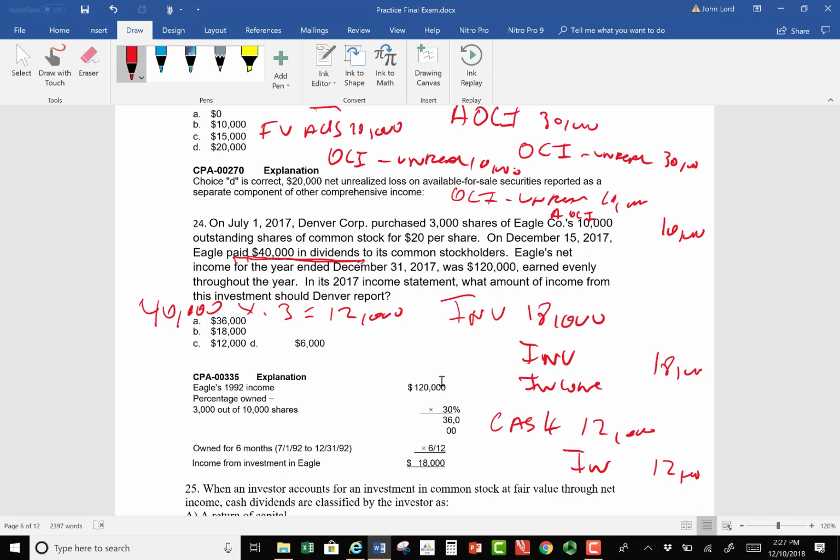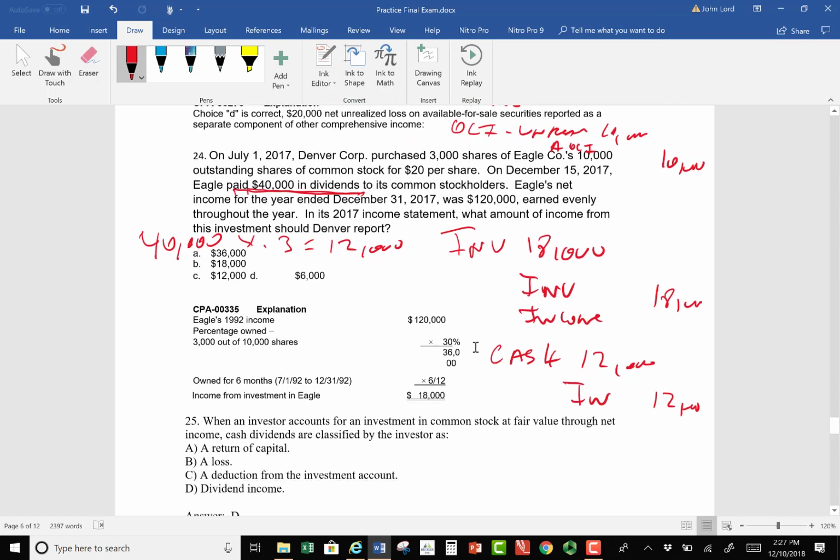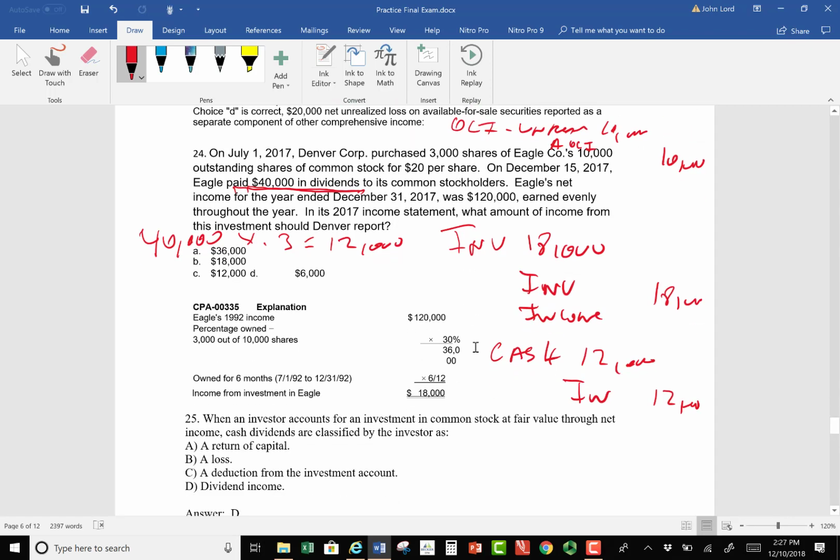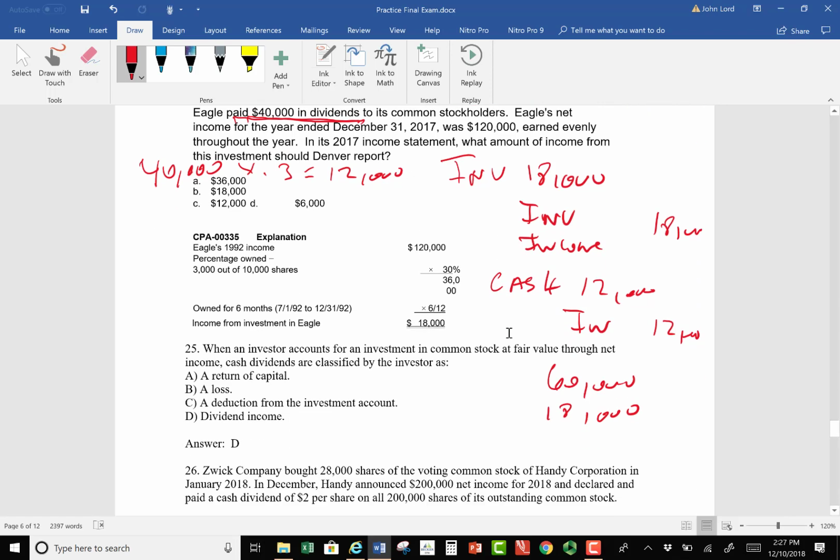So the investment would have been debited 60,000 and cash credited for the 60,000 when I bought the stock. So you would have had the initial investment of 60, up by the amount of income of 18, down by my share of the dividend. So the ending balance should be 66,000, right? Using the equity method.